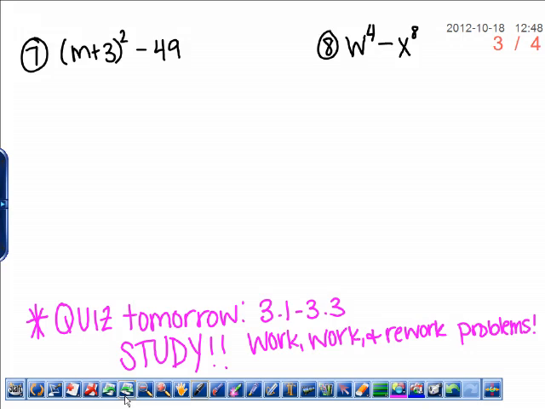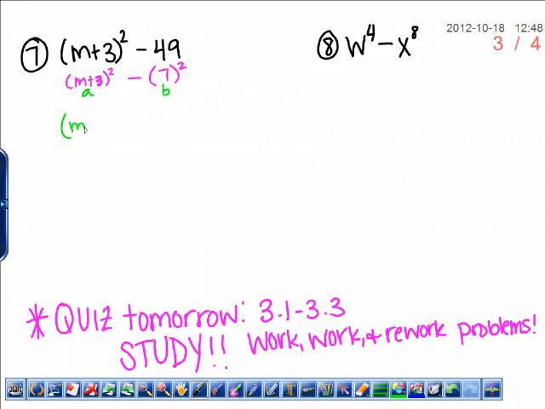What rule should you be using? Difference of squares. This is m plus 3 squared minus 7 squared. So what's your A? M plus 3. And what's B? 7.